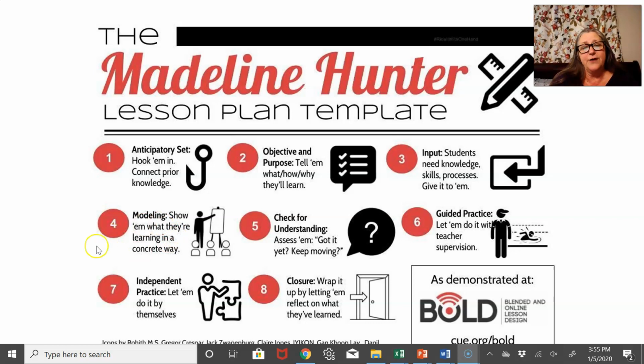And then you check for understanding. Then you give them guided practice, just like we talked about in the direct instruction model, independent practice, and then a closure. So in this model, the independent practice actually happens while the teacher is there. So it would not be homework, it would be during the class.